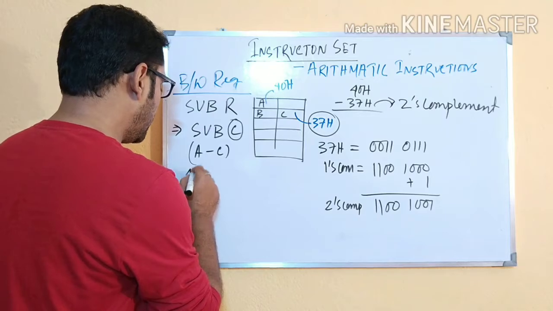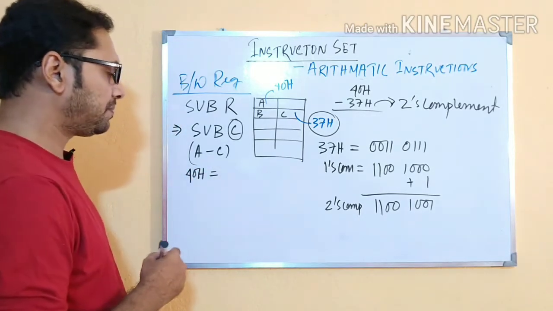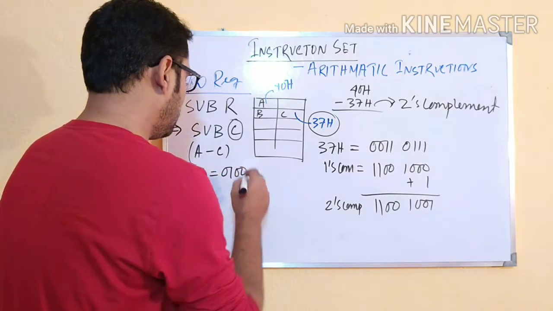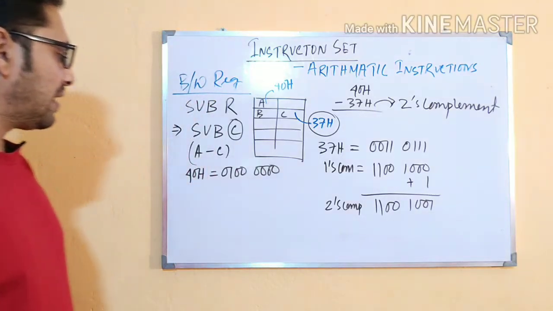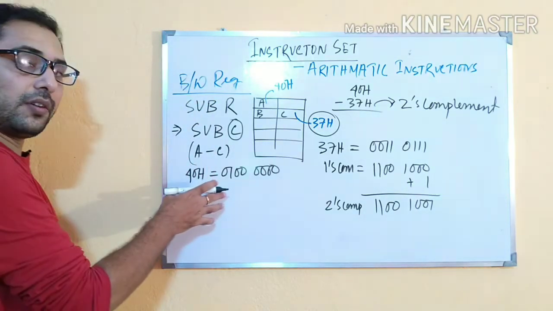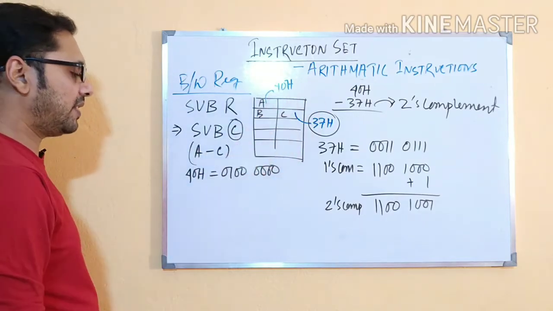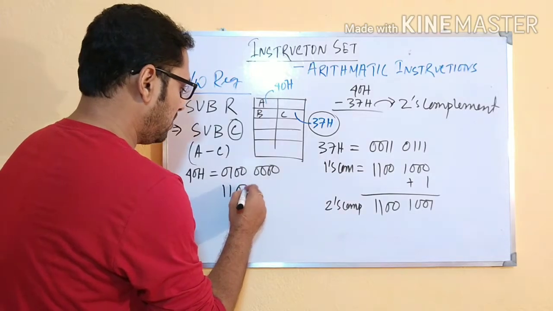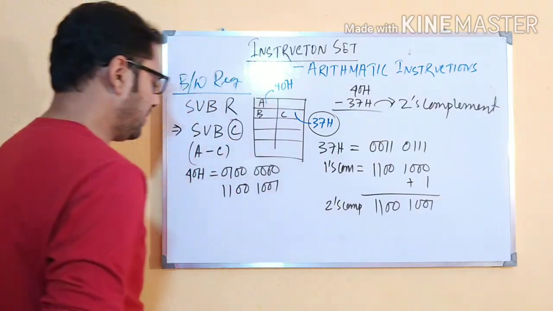The content of the accumulator is 40 hex. 40 hex in binary means 01000000. That is the binary value of 40 hex. Then the 2's complement of 37 hex is this one, 11001001.